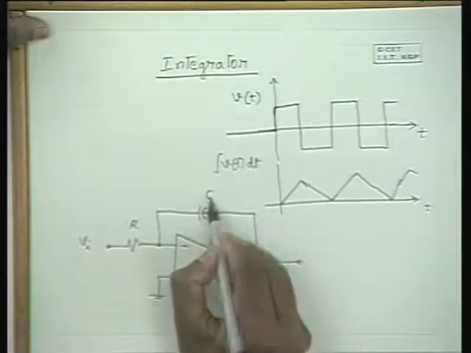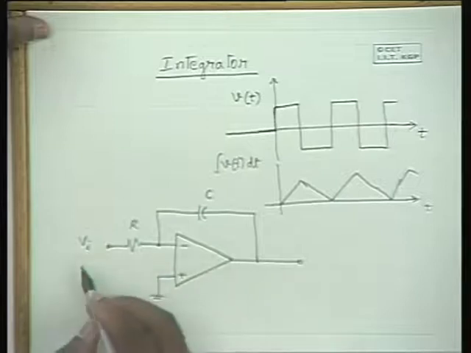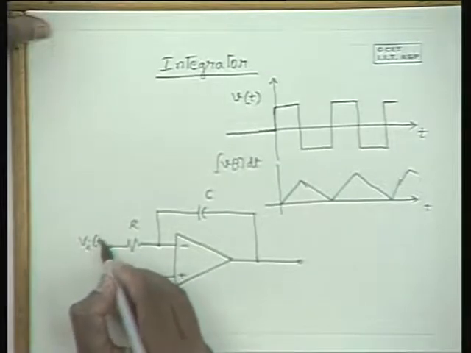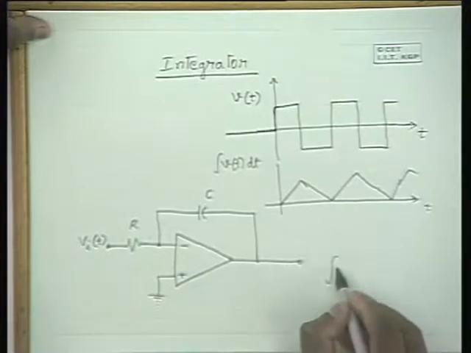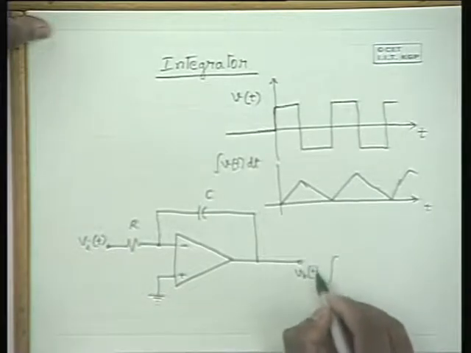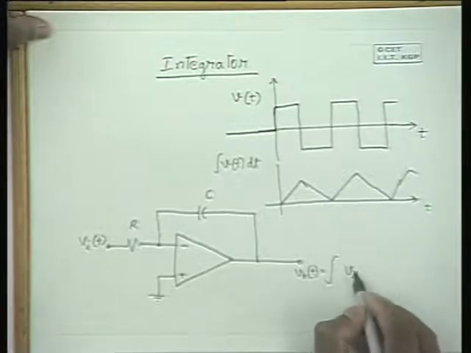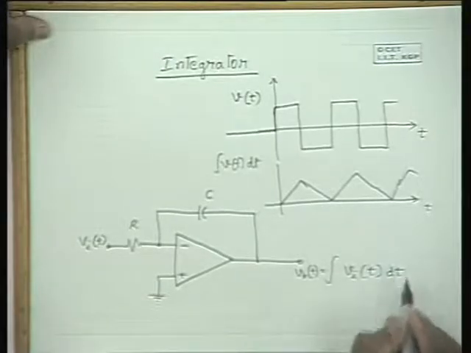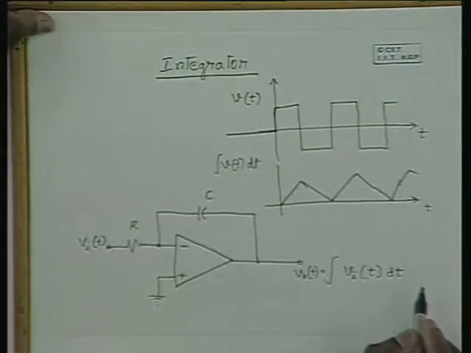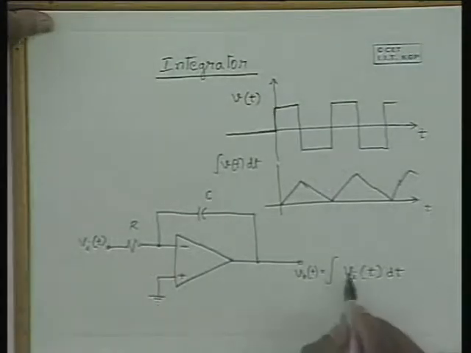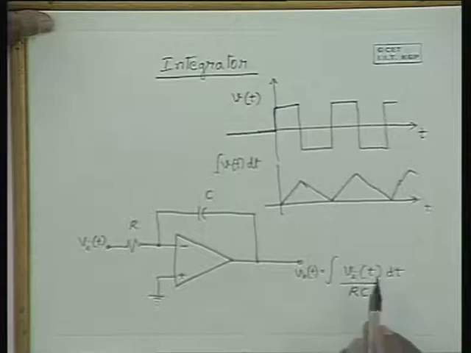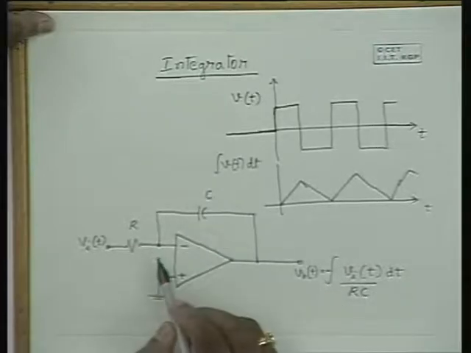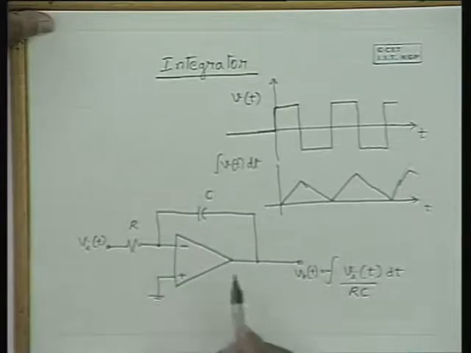If this is a capacitor C and this is R, then if you apply some voltage Vi(t) at the input, you will get an output voltage V0(t), which is an integrated version of Vi(t) with a scaling factor equal to 1 by RC, and there is a negative sign, because the feedback is applied to the negative terminal and it is an inverting amplifier.